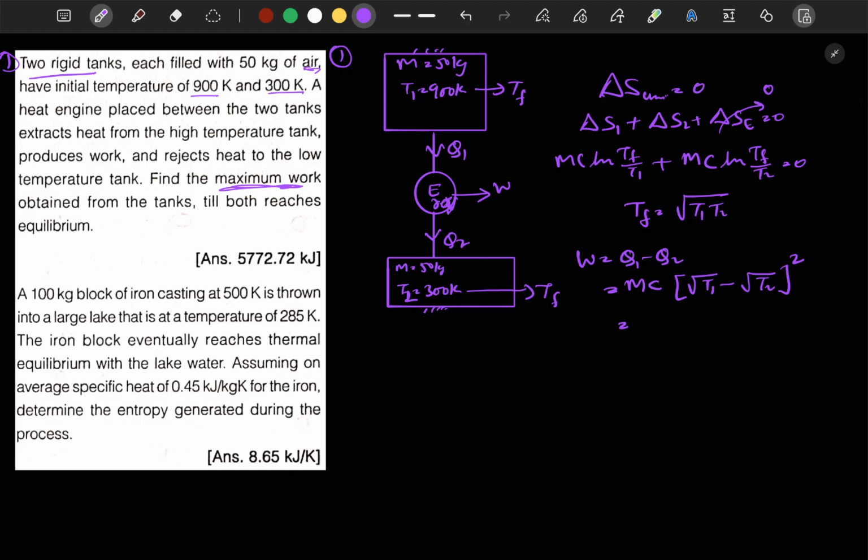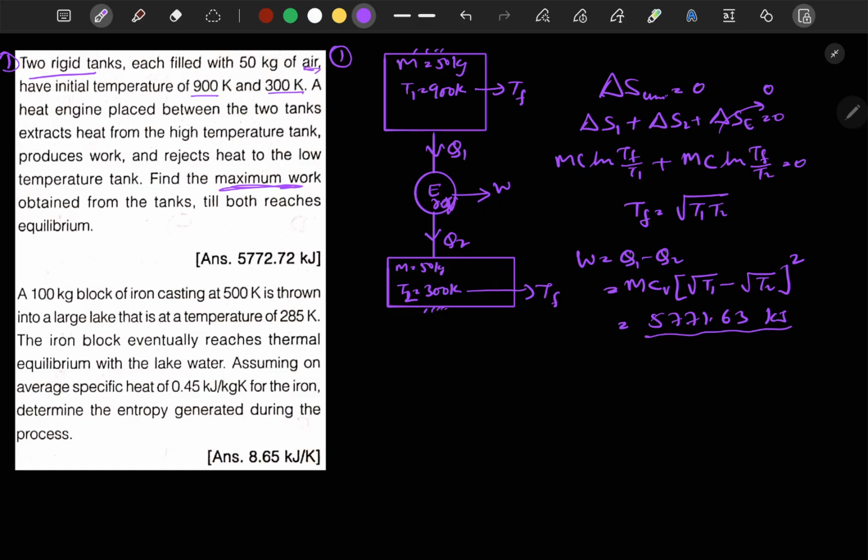Because the containers have constant volume, so it is assumed to be Cv, which is 0.718. If we multiply by Cv, we will get our answer to be 5771.63 kilojoule.